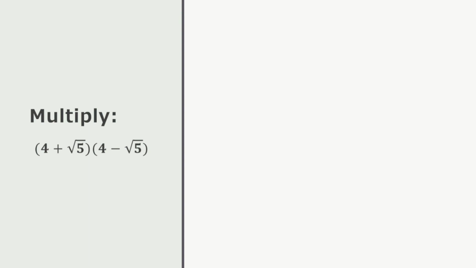So first, we multiply first term to the first term of the other binomial, so 4 times 4, that is equal to 16. Next, 4 times negative square root of 5, that is minus 4 square root of 5.